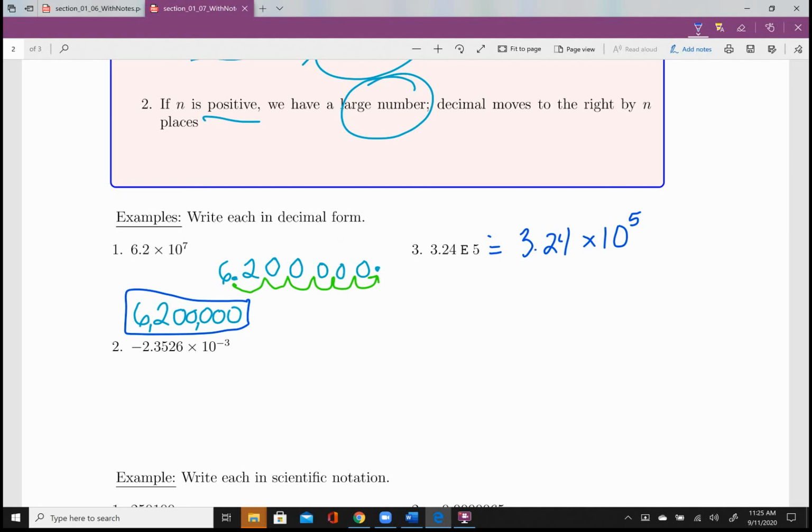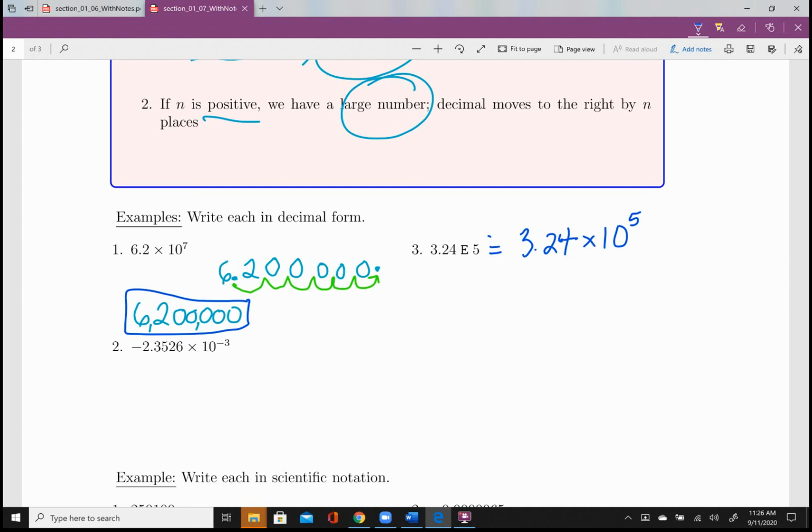So this E notation is trying to be even more concise than scientific notation, the original version. The reason we have scientific notation is to make large or small numbers more concise, and this is making it even more concise than that.